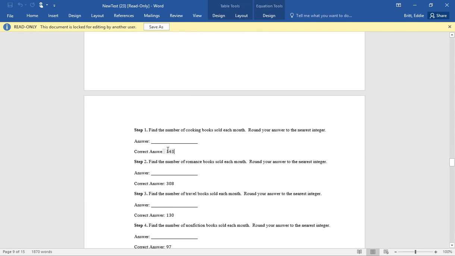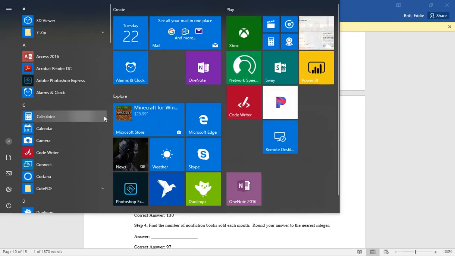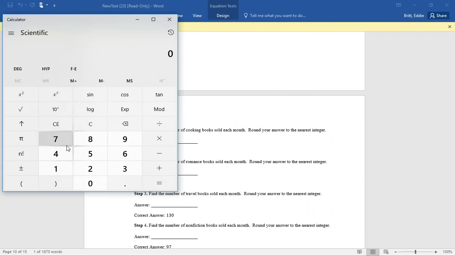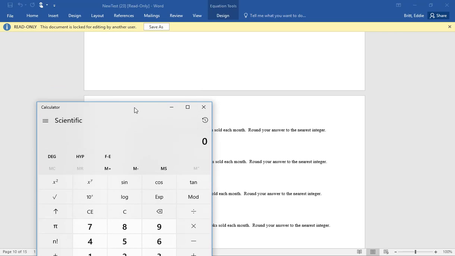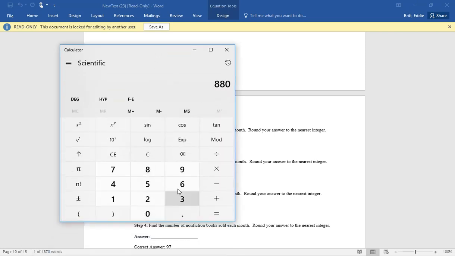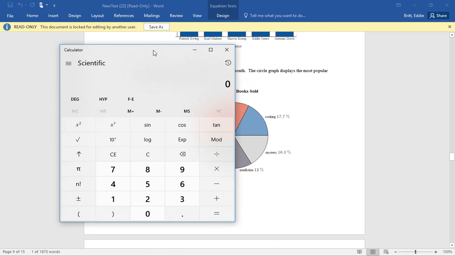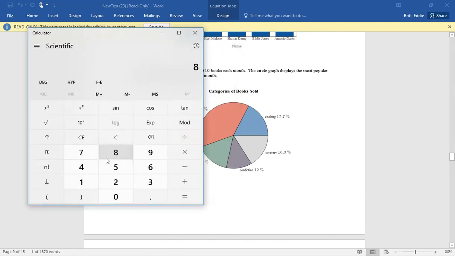But if you want to round it just to the nearest integer, remember we worked one problem where we rounded it correctly and it gave us the wrong answer. That was 880, the wrong number. It was 810 times 0.177.